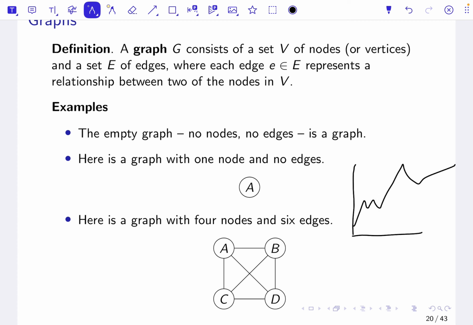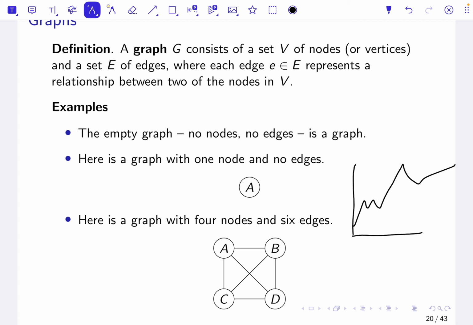The empty graph is right here. It's all across the page, actually. You could have a graph with no nodes and no edges. You could also have a graph with one node and no edges. And finally, the third example is a graph that you might actually see.